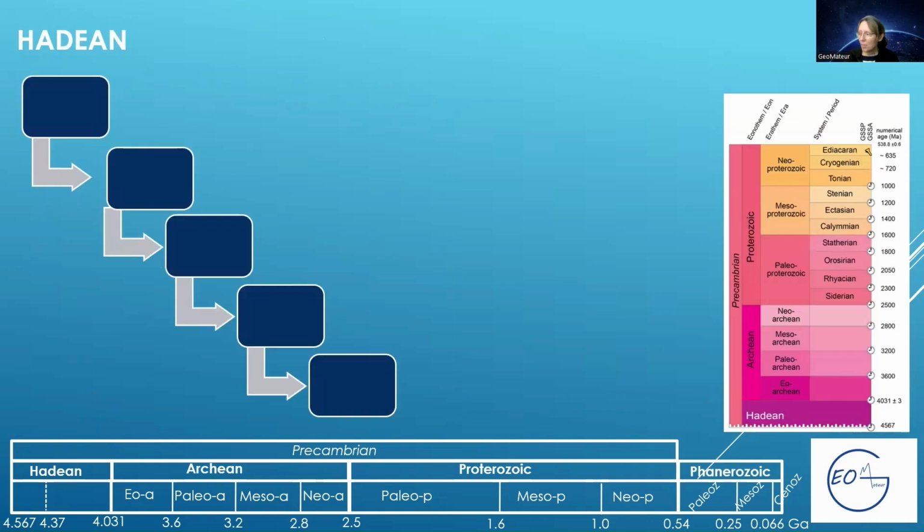And going further to the bottom border of Hadean, you can see again so precise data, 4.567 billion years. How do we know about it? I just told you that the oldest rock on Earth is 4.031 billion years. So we need to go back in time to the early stage of our planet's creation from the protoplanetary disk.